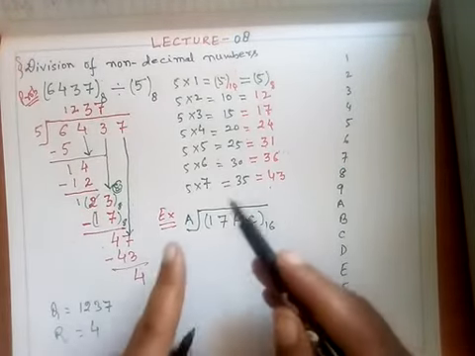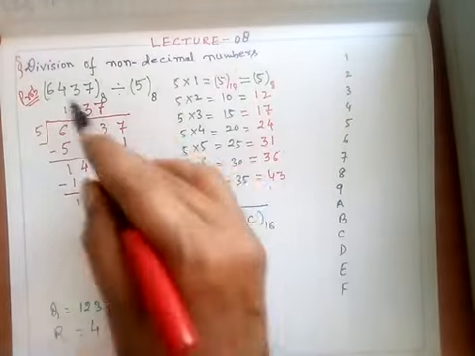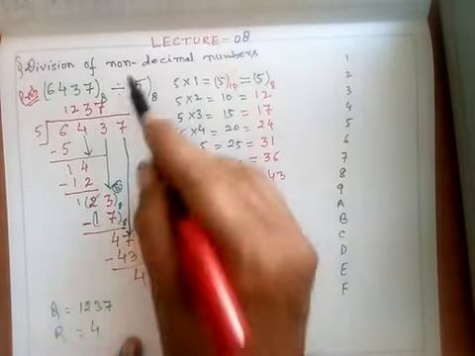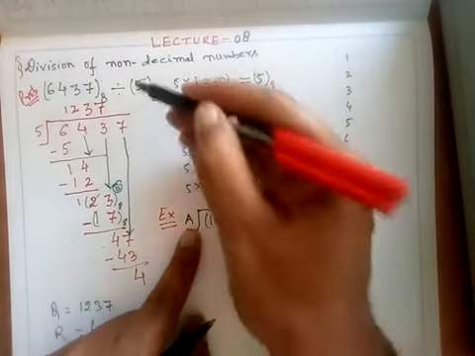Now I have to divide this by A, so I'll see the multiplication by A, as I have seen here multiplication by 5. So here it is, since this divisor is A, here it was 5.